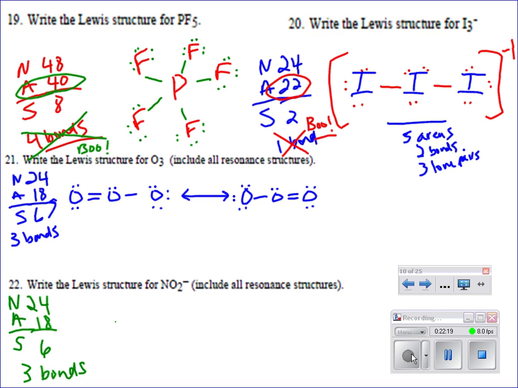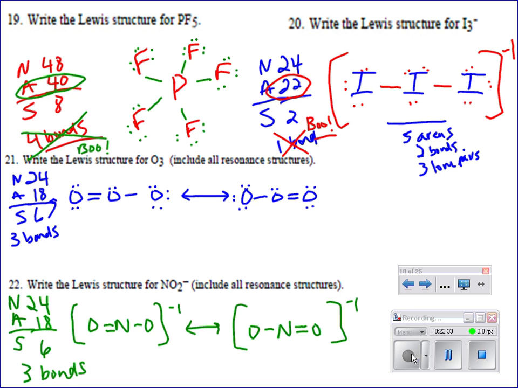So we have our N in the center, O, O. This is going to be charged. So we have 2 and 1, and then 1 and 2. And I don't care which one you do first. It doesn't matter. So now we have still 12 electrons to place. 2, 4, 6, 8, 10, 12. 2, 4, 6, 8, 10, 12.